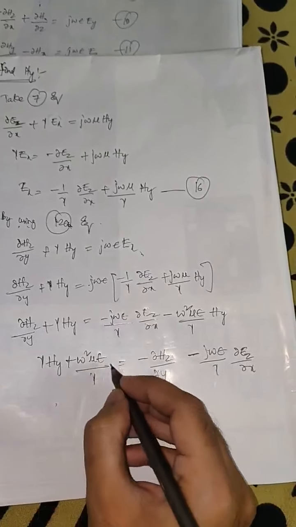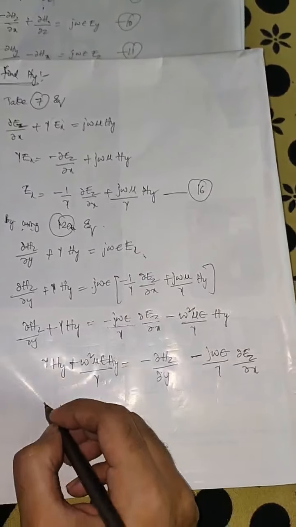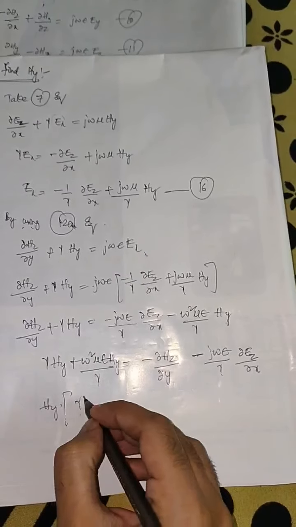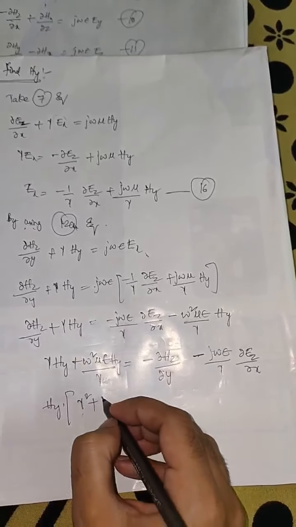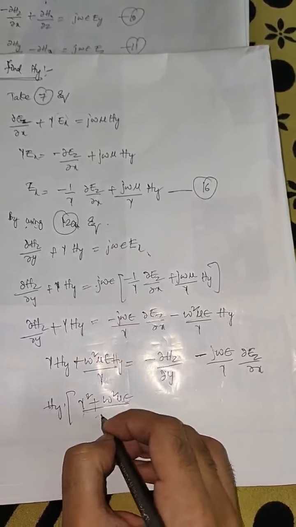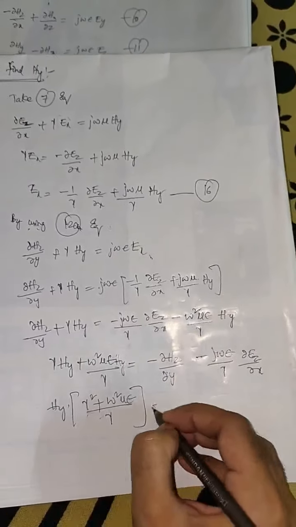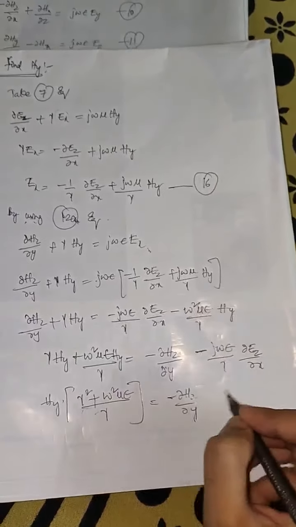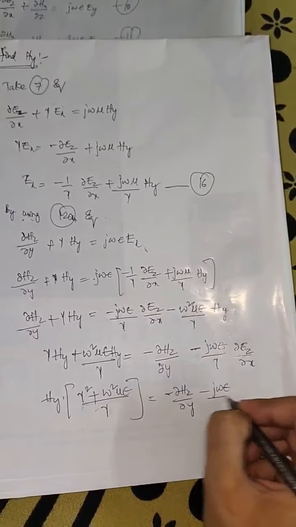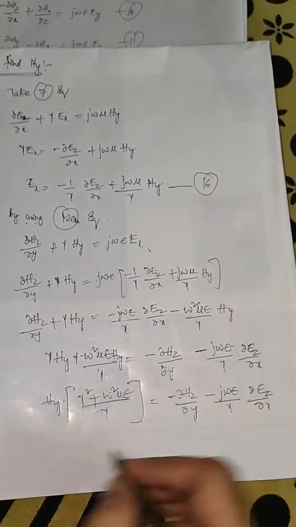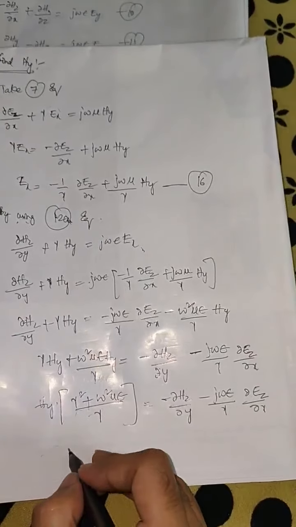If you take Hy common and take the LCM on γ, I'll get (γ² + ω²με)/γ.